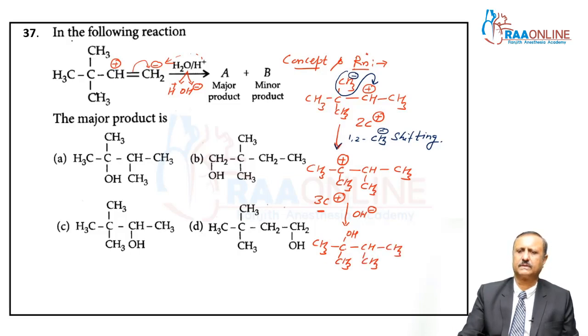Now my dear students, this product is the final product you can get, and it is the major product. You can see where the CH3, CH3 and OH are present here, that is the answer A. You can get the major product in answer A, CH3, CH3, COH, CH, CH3, CH3. So the major product is answer A.